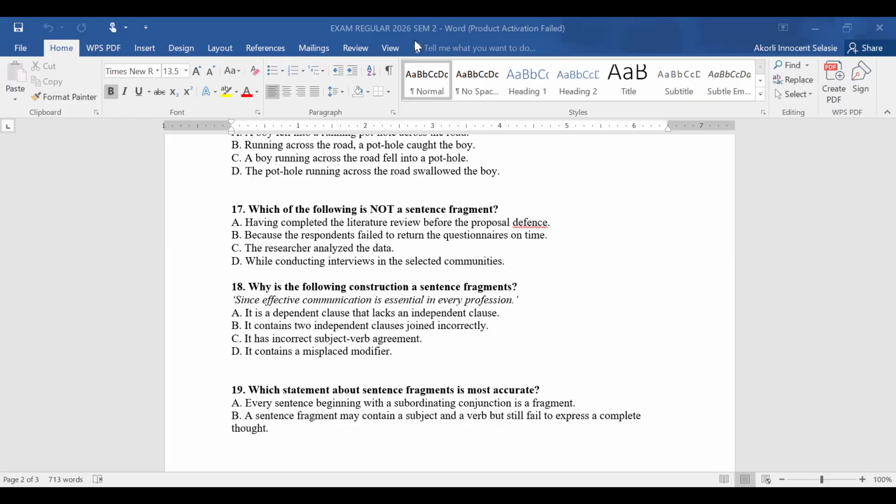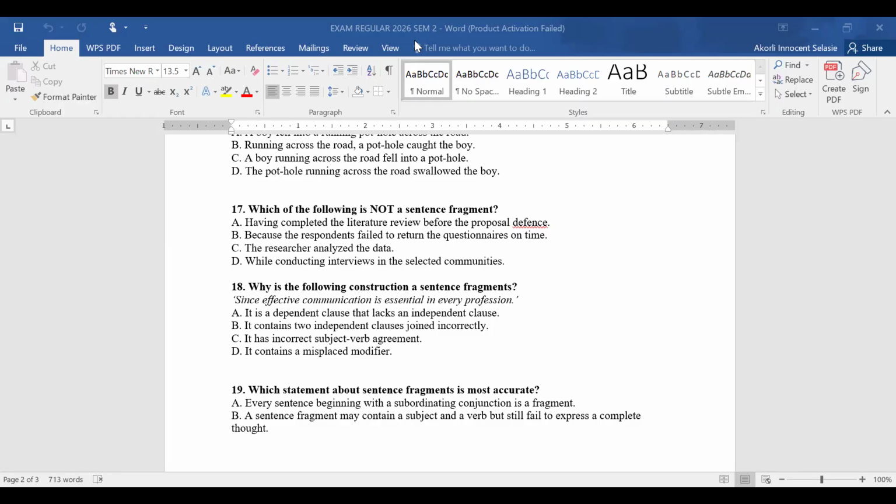Now look at this type of question. The person is asking you, why is it a sentence fragment? It means that it is. And I think that I ask you guys to read about sentence fragment. I sent the post to all my students. Those who read, I know they were able to answer this question.